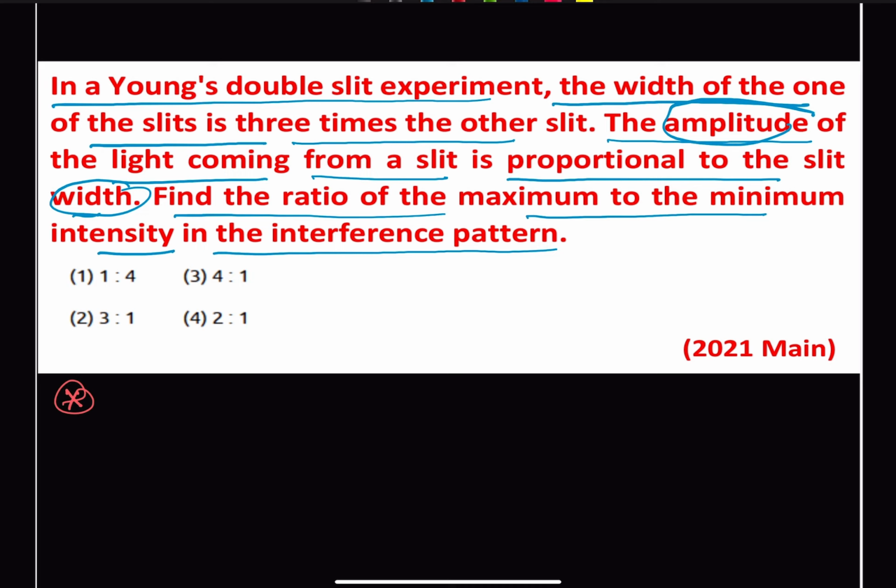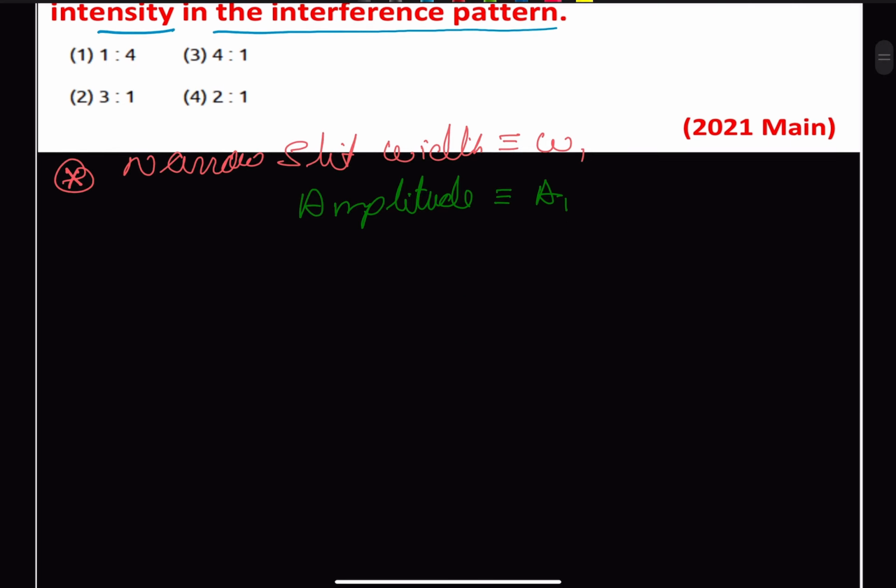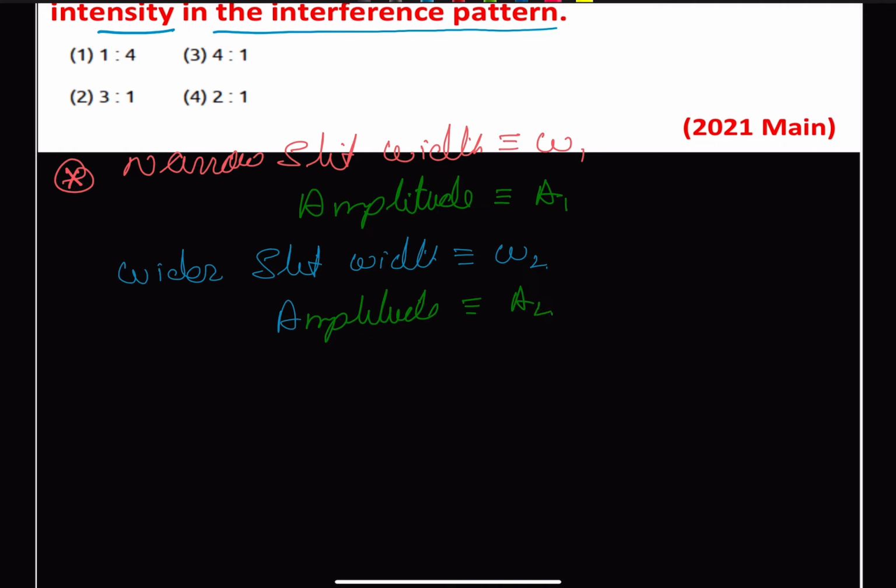So we say that our narrow slit width, let us suppose that is our W1, and its corresponding amplitude, let us suppose it is A1, and we have the wider slit width, let us suppose that is our W2, and its corresponding amplitude is our A2.